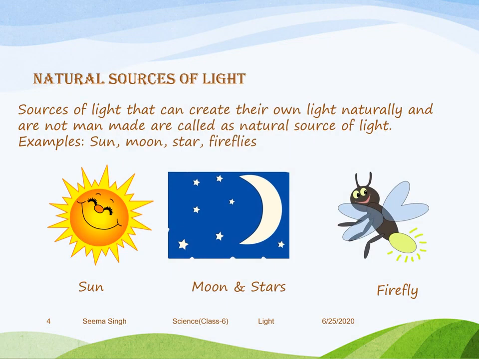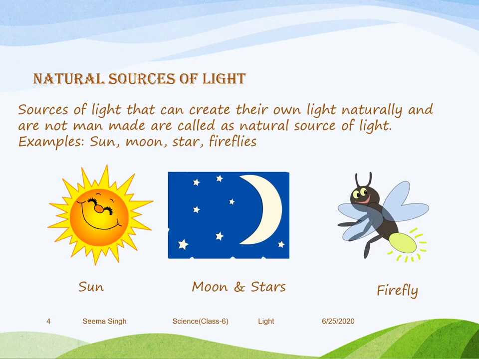Natural source of light. As we have seen earlier, what are natural sources of light? The sources of light that can create their own light naturally, and they are not man-made, are called natural sources of light. What are some examples that we see around us?